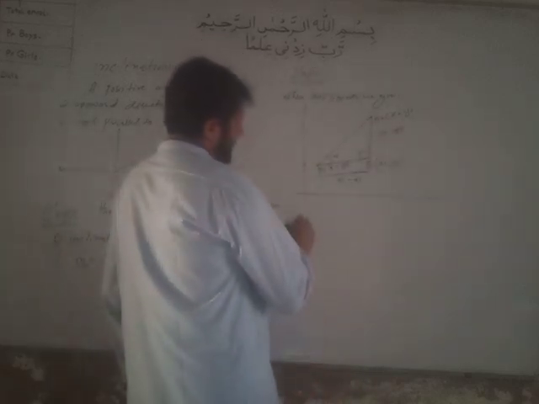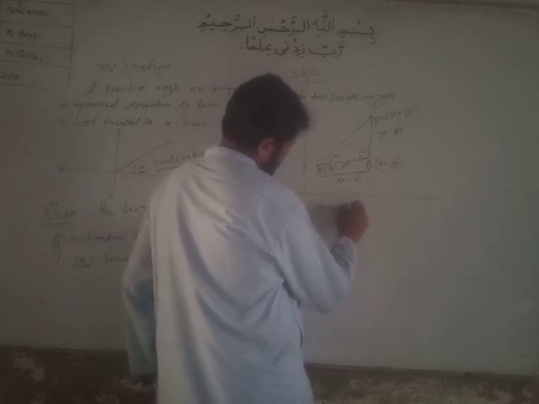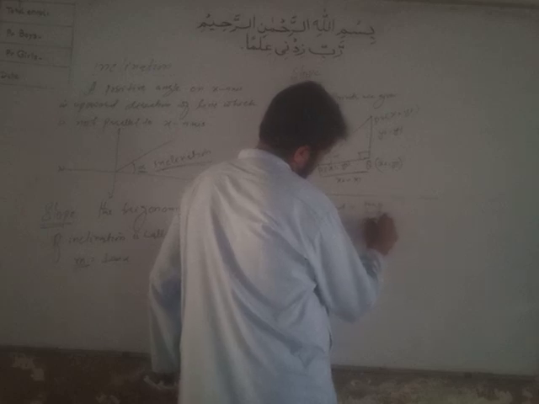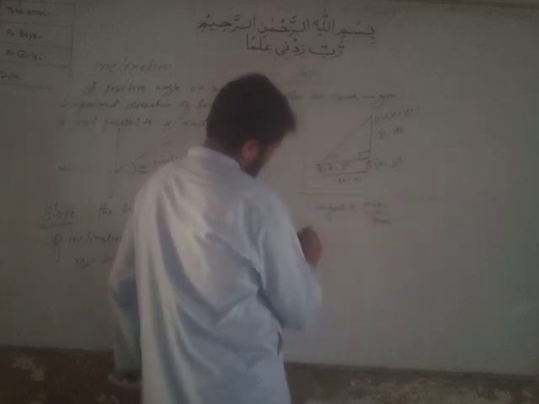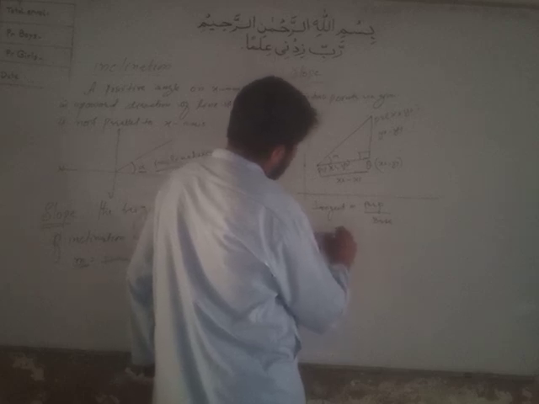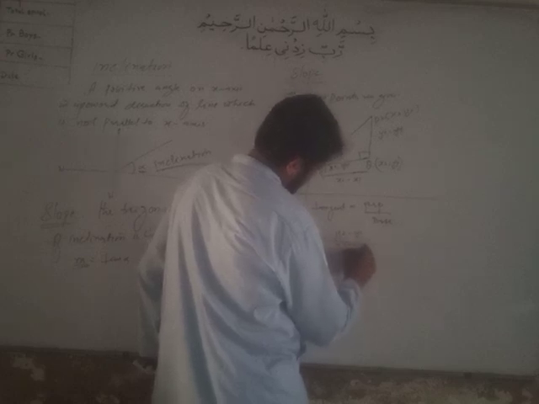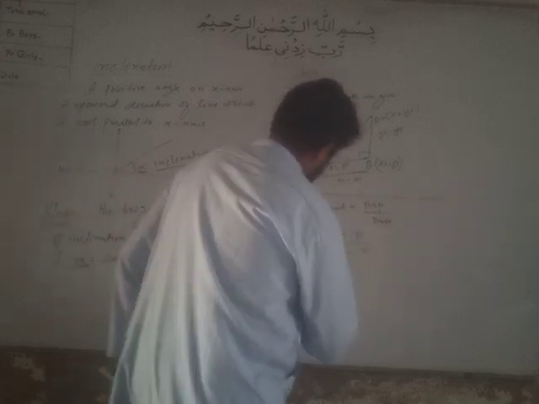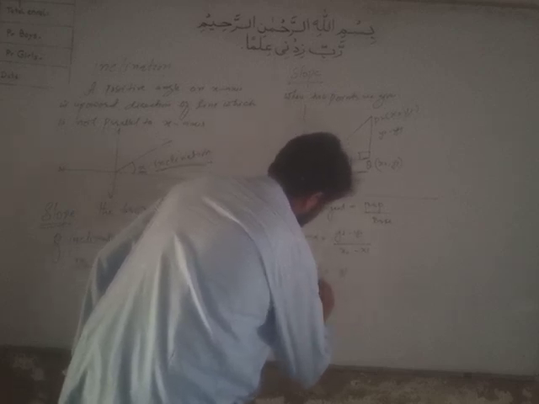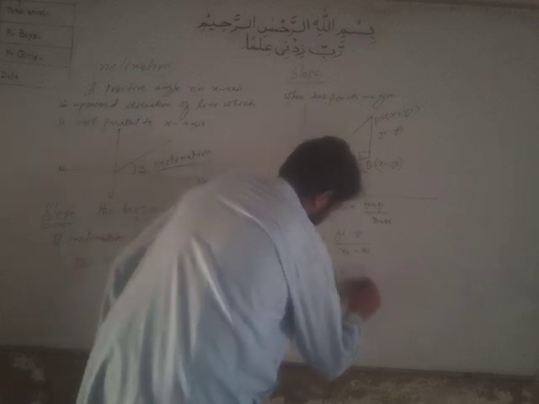So we can say that the tangent ratio is equal to perpendicular upon base. So tan alpha is equal to y2 minus y1 upon x2 minus x1. So we can say m is equal to y2 minus y1 upon x2 minus x1.